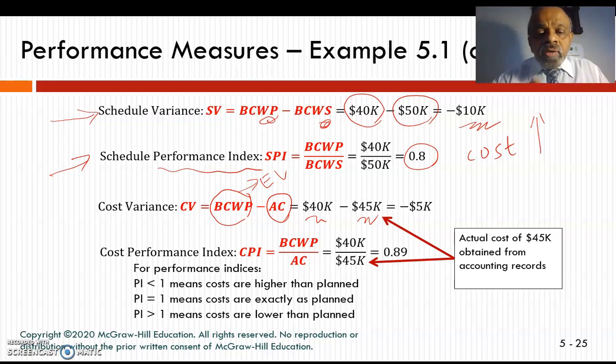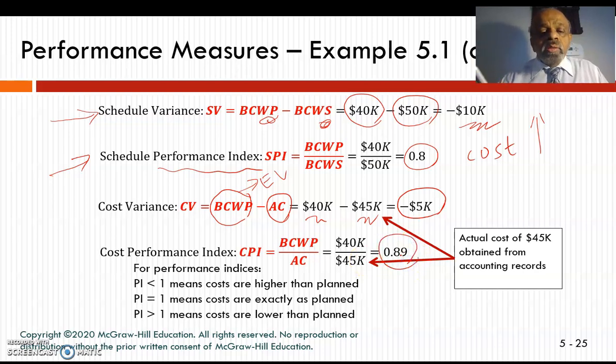So earned value minus actual cost is going to be minus 5K. Again, negative means bad in variance. So that means you are not performing with respect to cost. The cost performance index, CPI, is the BCWP over AC, and that is 40 by 45K, and that is 0.89.